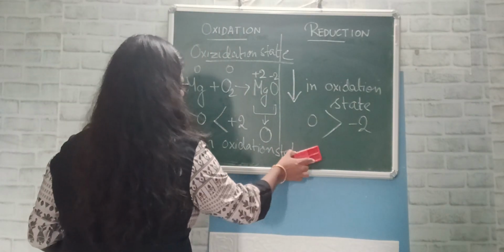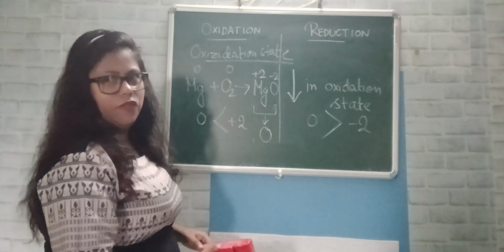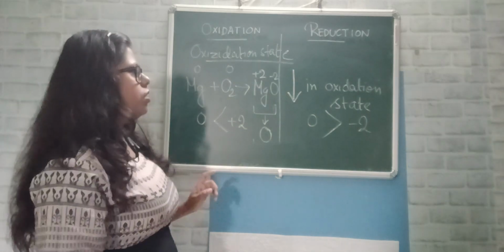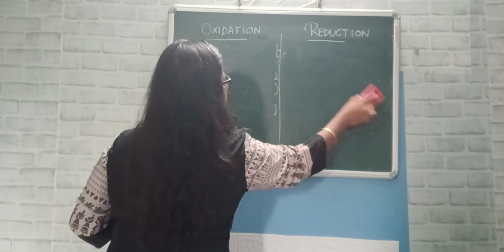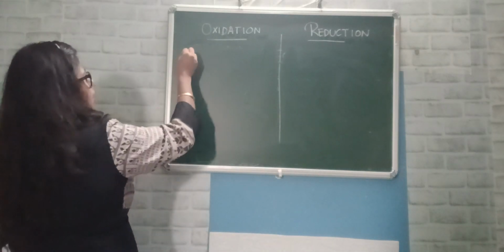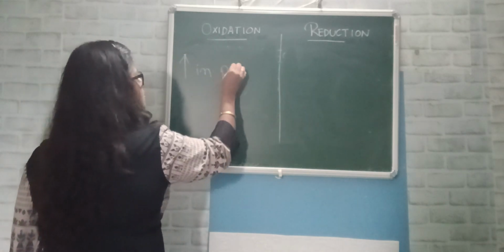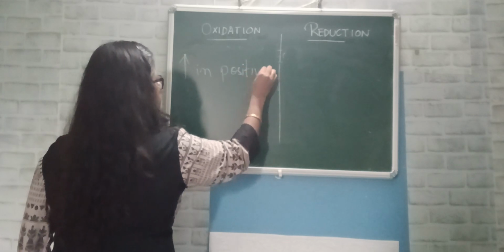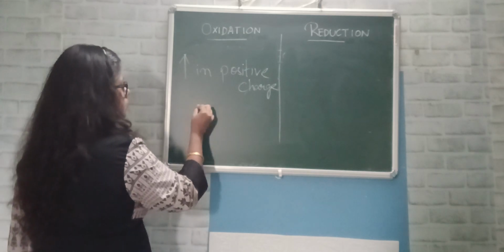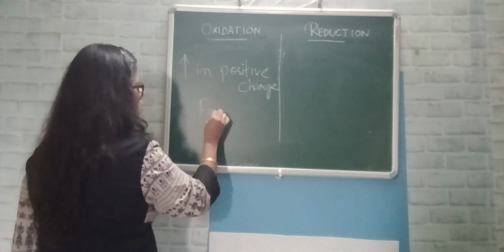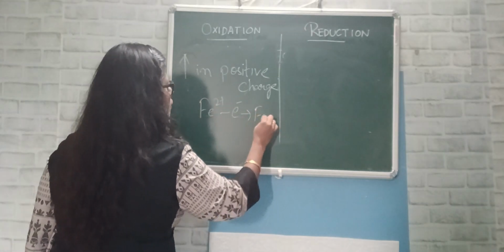Now, if there is continuous loss of electrons in oxidation, then in case of oxidation there will be an increase in positive charge, like Fe2+ loses one more electron, then it will be Fe3+.